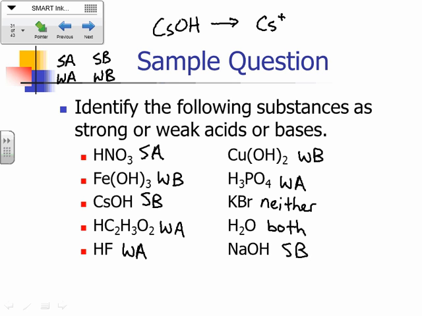It's in the first column on the periodic table, so it's going to be a 1+. But it also combines in a 1-to-1 ratio with the OH. And we know from our polyatomic ion chart that's a 1-, right? So if it's a 1-to-1 with a 1-, then it must be a 1+. So Cs+ plus OH-, okay? Again, you could put aqueous on all of these for the states of matter, but I'm not going to be all that concerned with that.